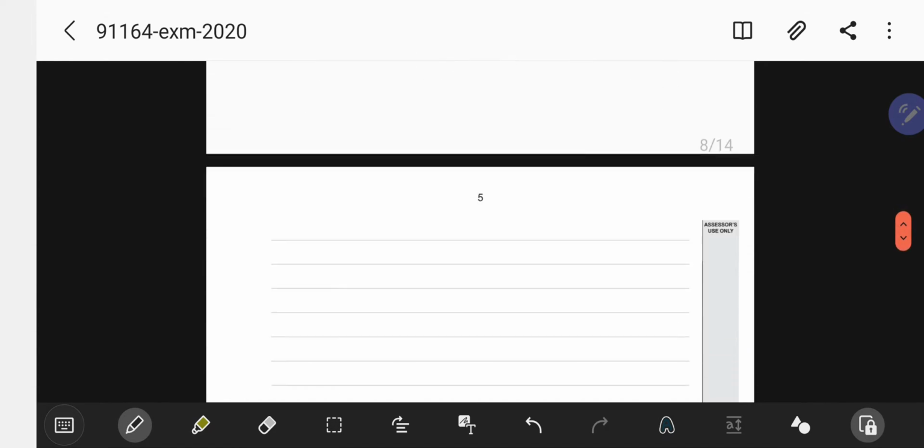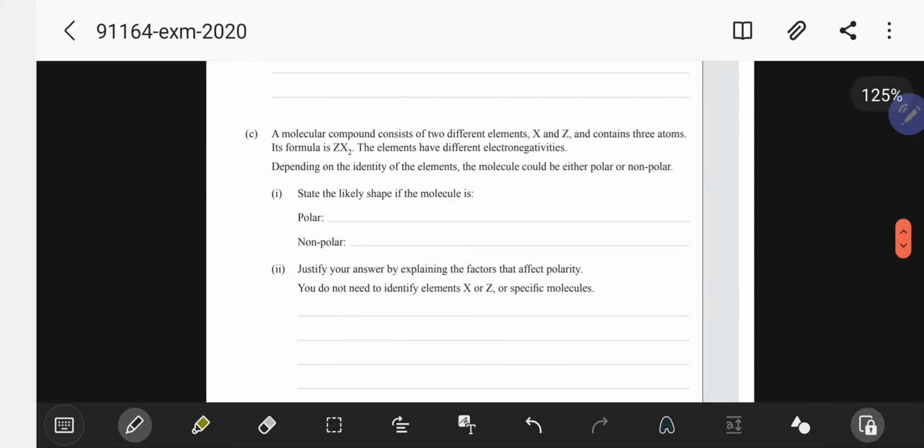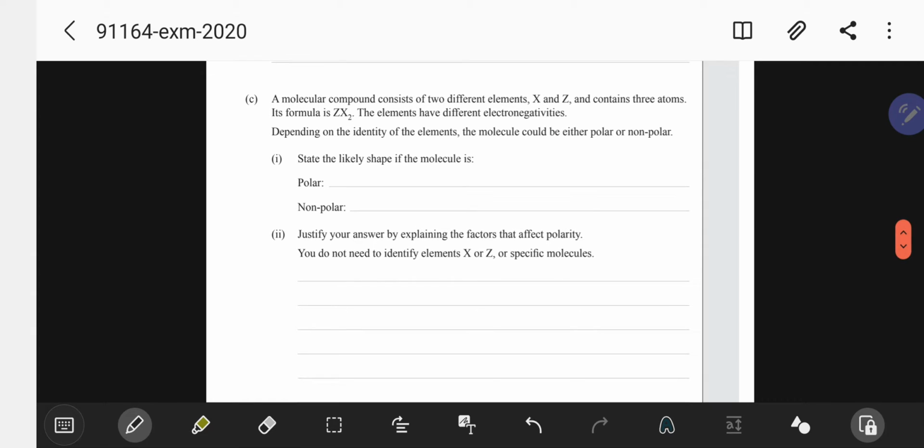Moving on to the next question. A molecular compound consists of 2 different elements, X and Z, and contains 3 atoms. Its formula is ZX2, so the elements have different electronegativities. Depending on the identity of the elements, the molecule could be either polar or non-polar.